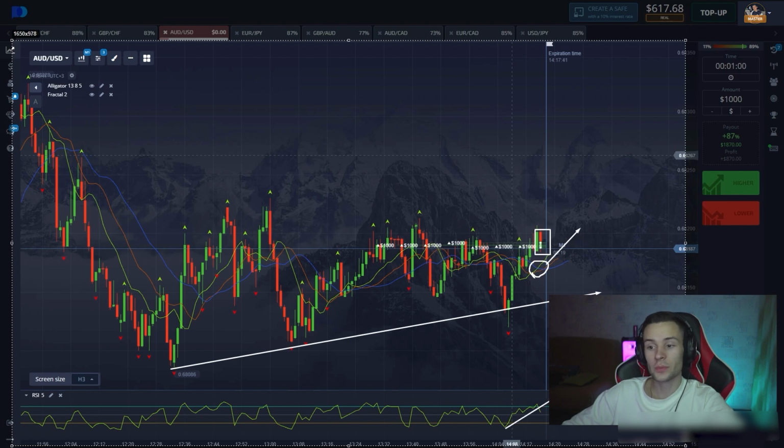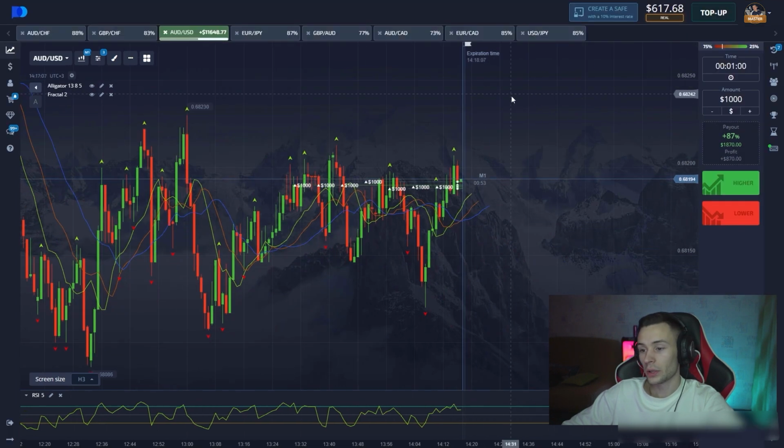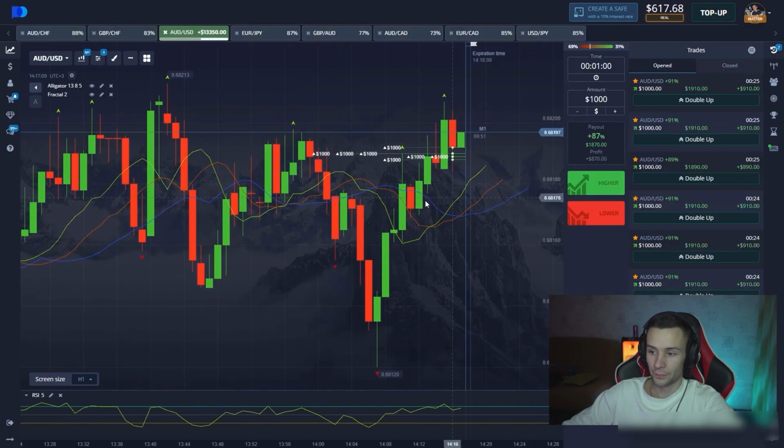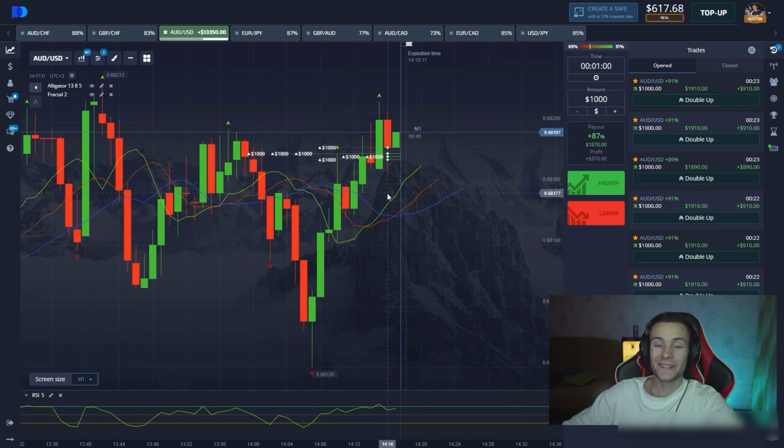And right after this pullback, also we see the same positive dynamics on the other side, and basically opening the long is best here. There are 20 seconds left before the closing, and by now we are observing a good breakout, and let's wait for the outcome and watch the price dynamics.